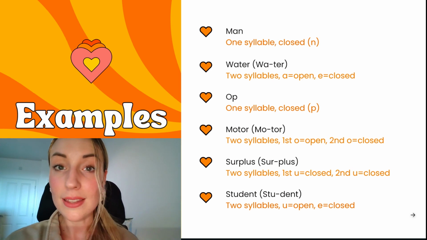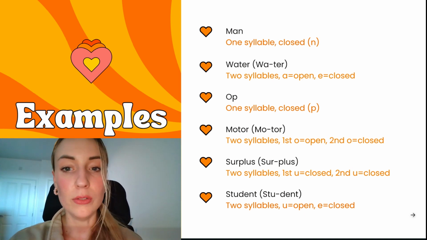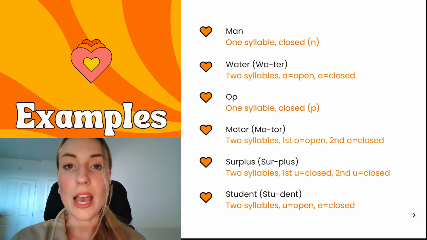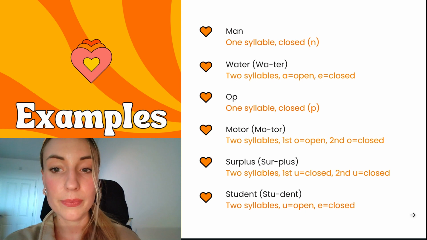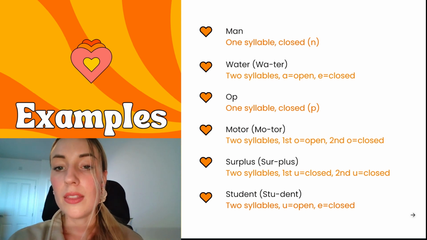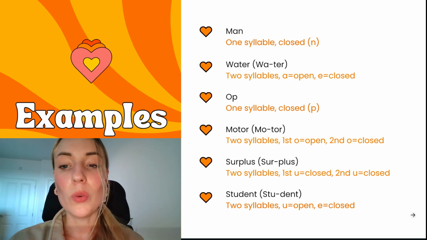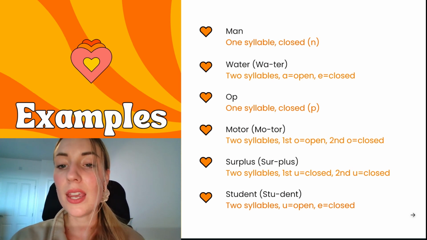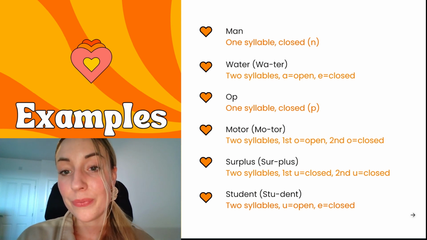Whereas the word underneath it, water, as you can see, I broke up the syllables for you there. Va, ter. It's 2 syllables. The A is open, ends on a vowel, which means it's a long sound, va, and then ter. The E is a short sound because it's closed. It ends with an R.